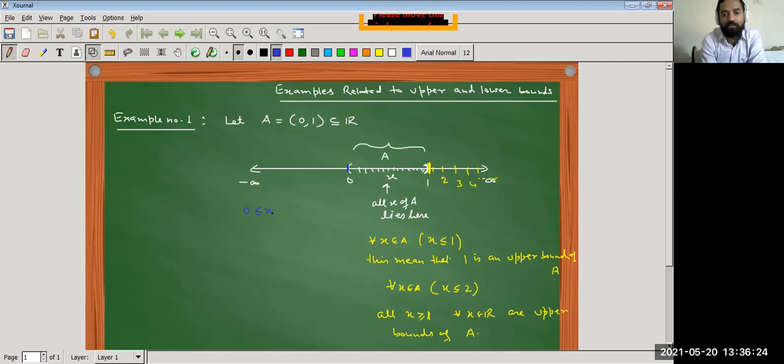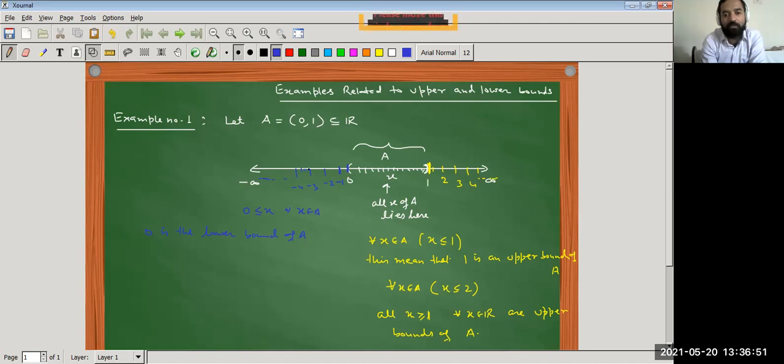So 0 is less than or equal to x for all x belongs to A. So 0 is the lower bound of A.